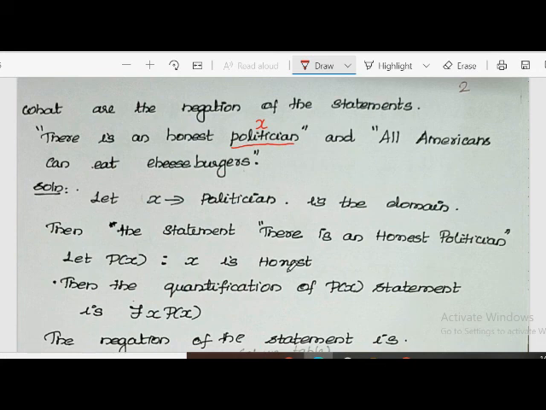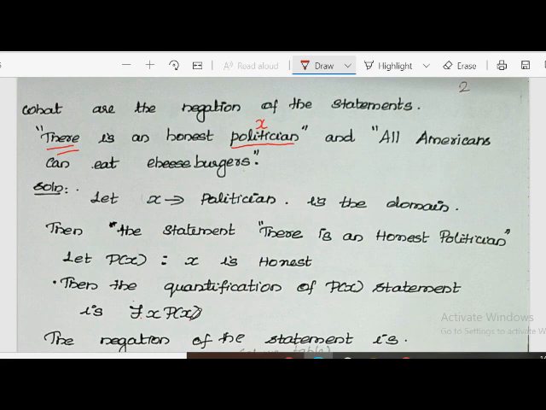The quantification of this statement is: there exists, because there is an honest man. It is not mentioned that all men are honest. There is an honest politician, so some are honest. That means there exists x P of x. So this is the quantification.